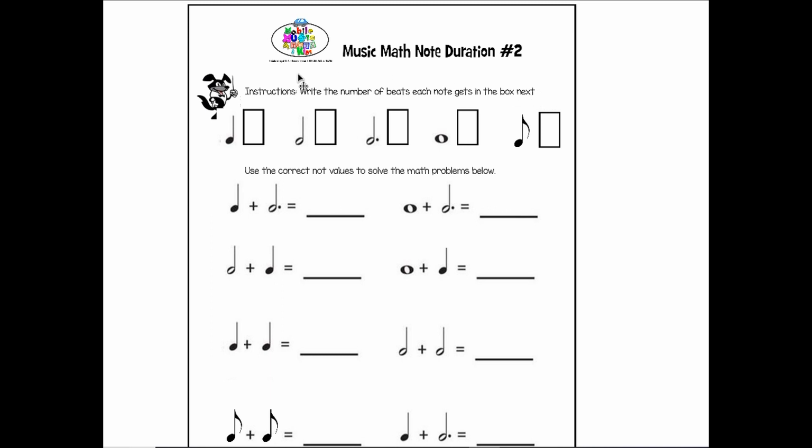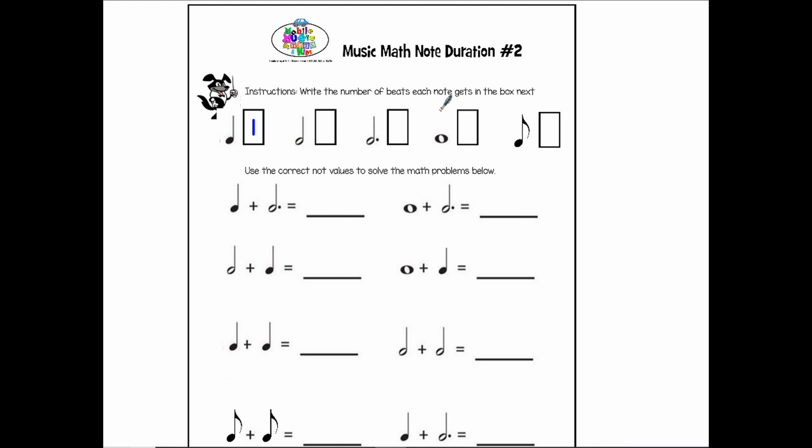I'll fix that. So here we have what type of note? A quarter note. And we know that a quarter note gets how many beats? 1 beat. So we're going to put the number 1 here. Our next note is a half note.